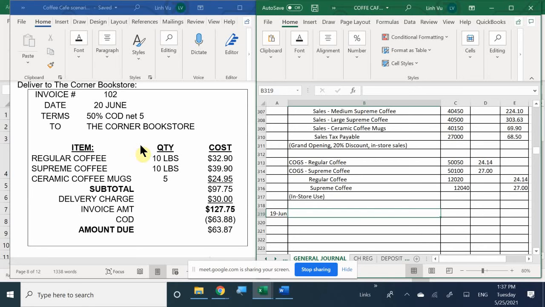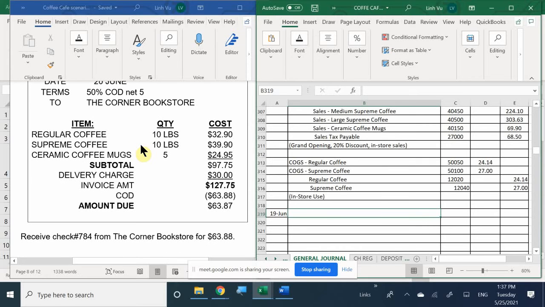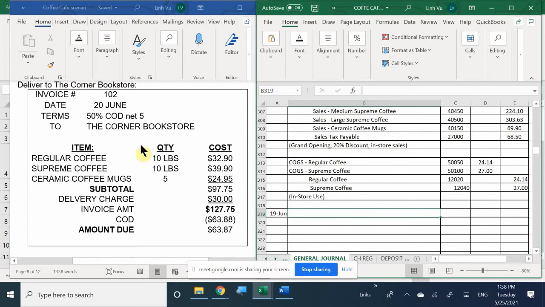That means the minute we delivered it, we had to receive half of the payment of the invoice. So once again, we're receiving money, and this customer also owes us money.